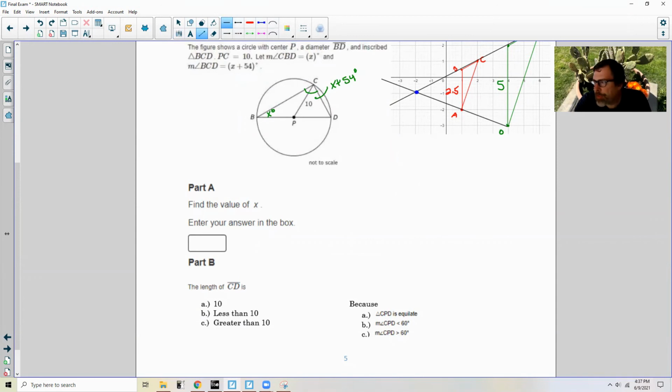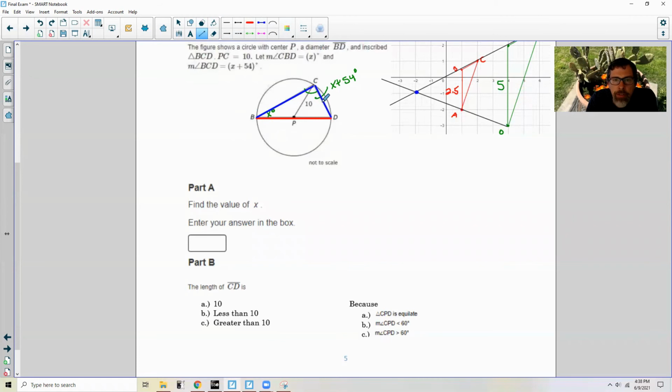So here, what are we going to do? Okay, so we have a theorem called Thales Theorem, and let me highlight this for you in a different color. We were told BD is a diameter. We also knew that because it's going through the center point P. And we have an inscribed angle BCD, which its endpoints intercept a semicircle.